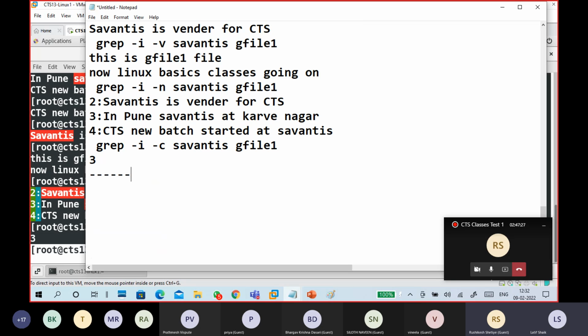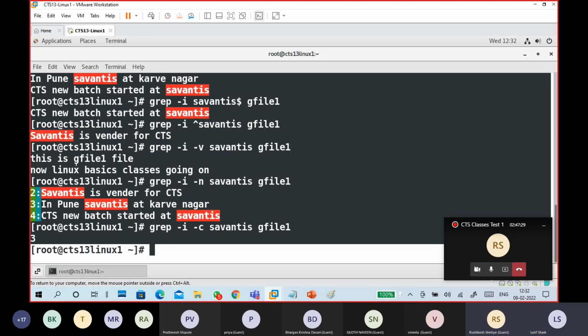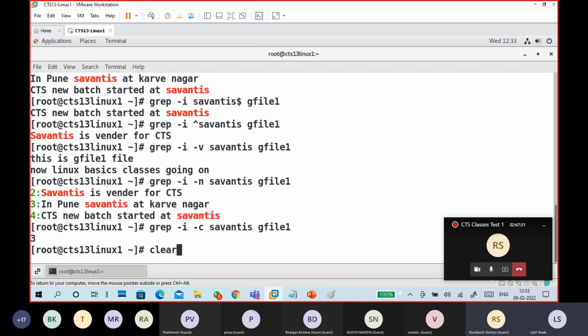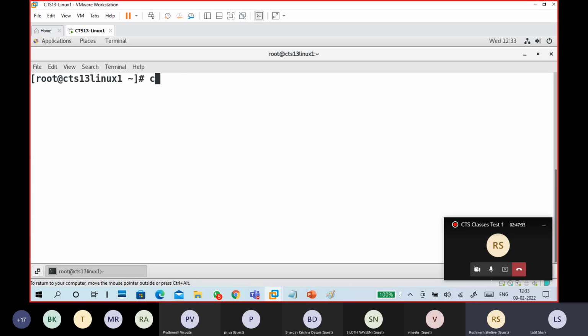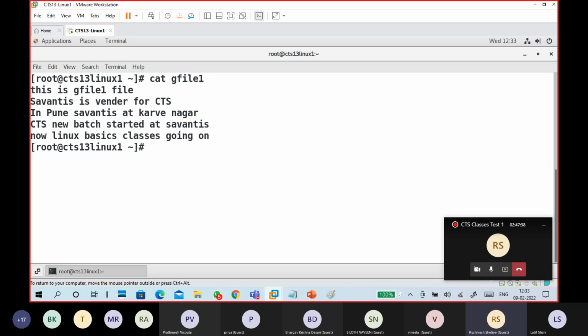This is it. Same example, guys. If you understand, tell me this question. Cat, same file, file 1. I want to display the lines where the keyword is CTS.